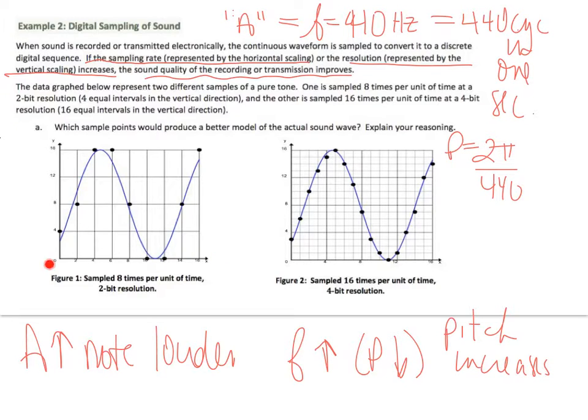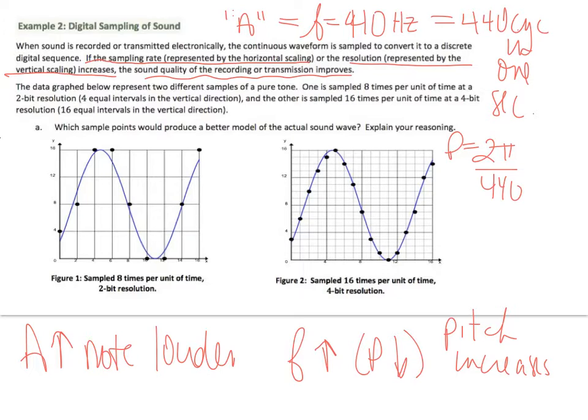Here we took 8 samples: 1, 2, 3, 4, 5, 6, 7, 8. There's a repeat because we start and we stop. And here's 16. Again, there's a repeat between there and there.